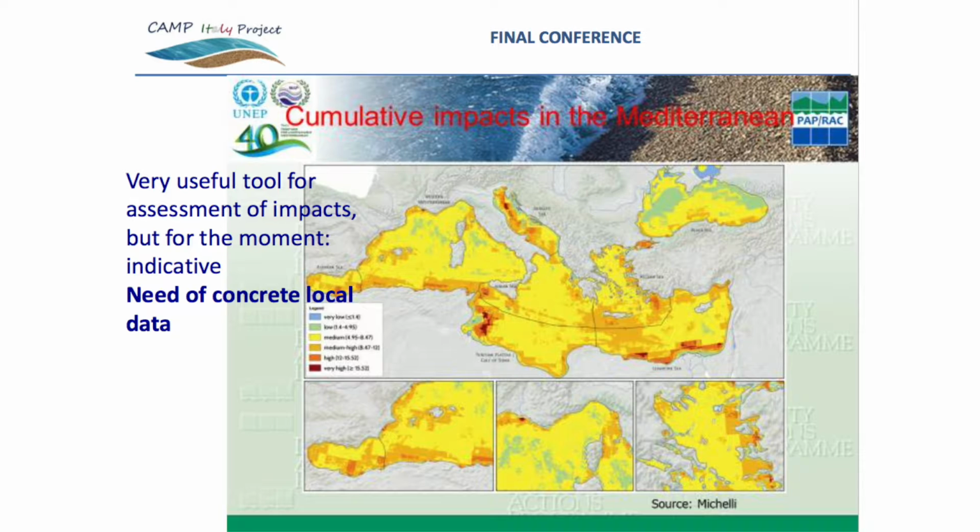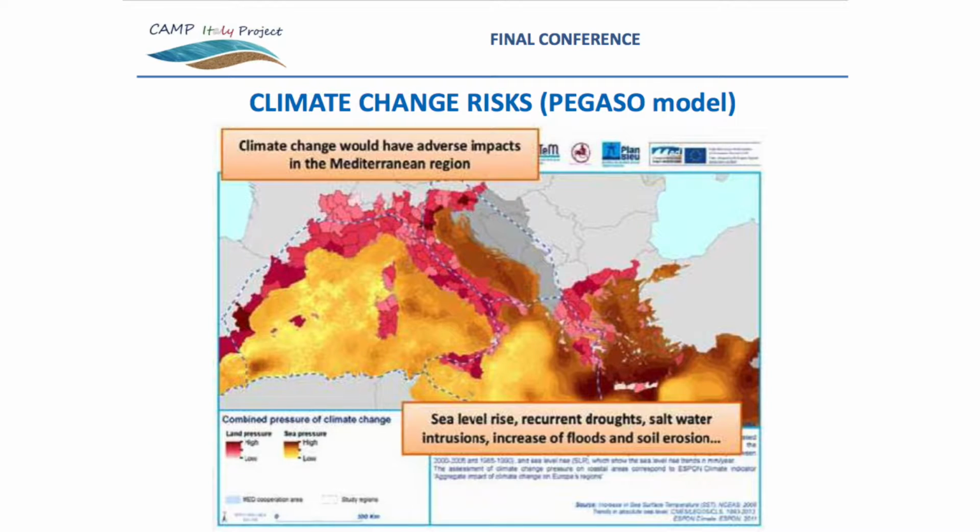If we want to use this model really, it is complex, it is not for everybody, it requires expertise, it costs. But as it is now for the Mediterranean, it is a useful indicative tool. If we need to go in depth and see the specifics, then we need to have specific local data. So the importance of data starts to show up for every step.